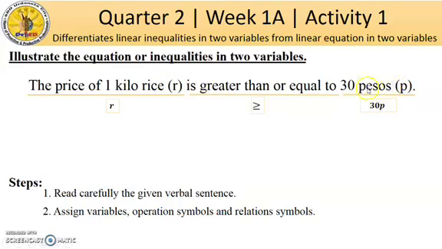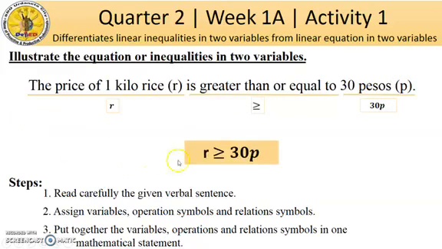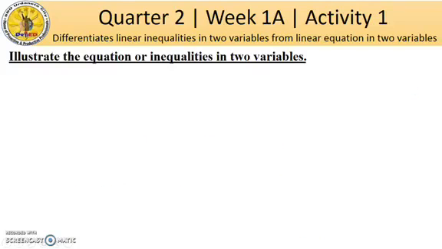So pesos will be changed into variable p. Now putting this together, we have R is greater than or equal to 30p. So the price of 1 kilo rice is greater than or equal to 30 pesos. In symbol, we have R is greater than or equal to 30p.